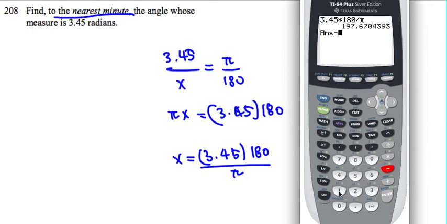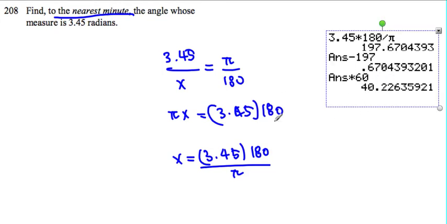So subtract 197, then we're just left with the decimals, and then we can multiply that by 60 to get the minutes. So our answer should be 197 degrees, and then we can round it up, so we end up getting 40 minutes. That will be our answer.